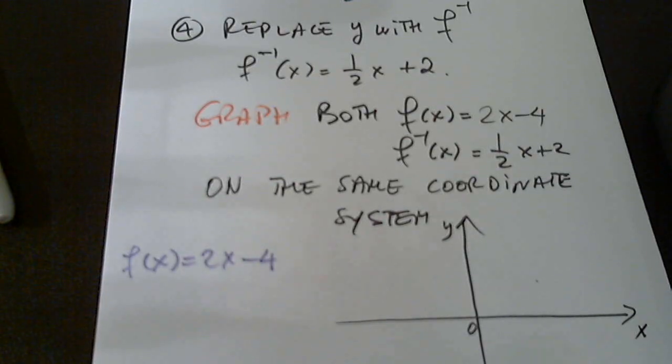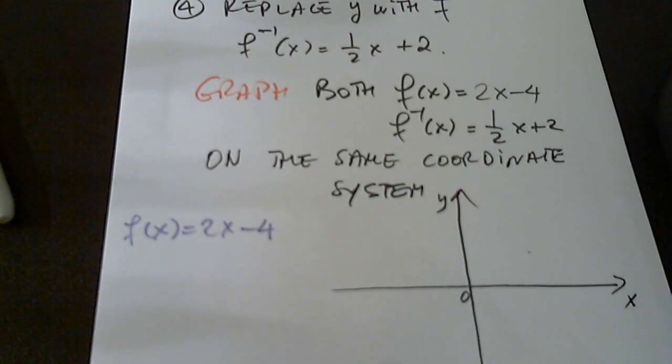Can anyone remind us how to find the x and y intercepts for a line or for any function? How do we find the x and y intercepts? Anyone remembers?